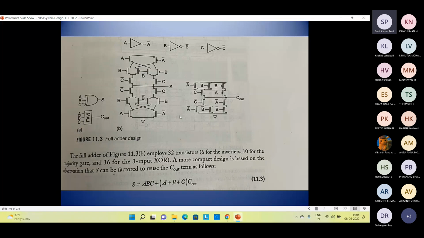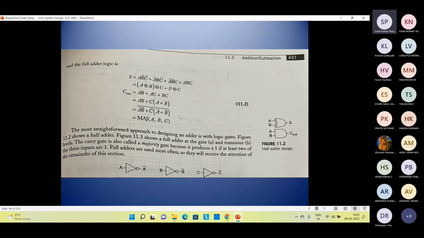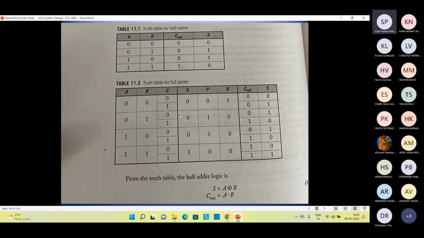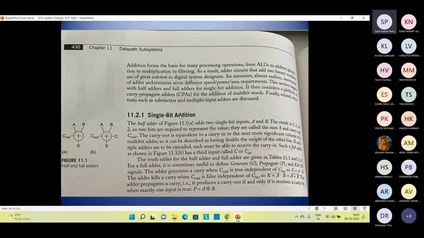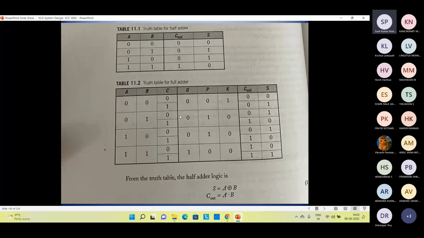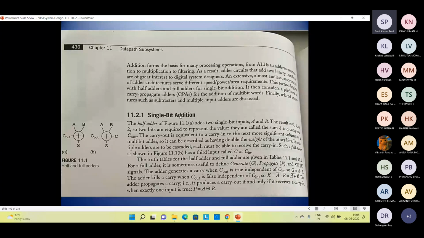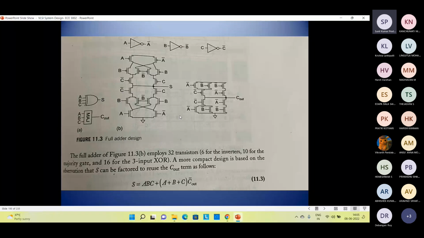So if in the questions it is asked for the full adder design and half adder design, then you have to explain like this. Explain with the description along with the truth table along with the design part, the design within CMOS here. Okay.